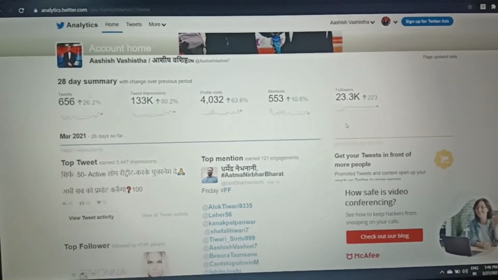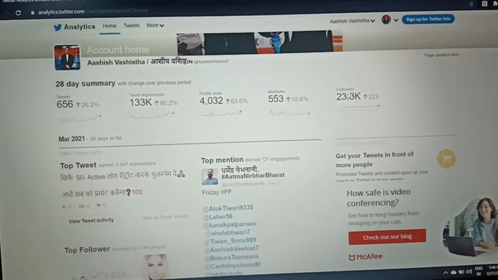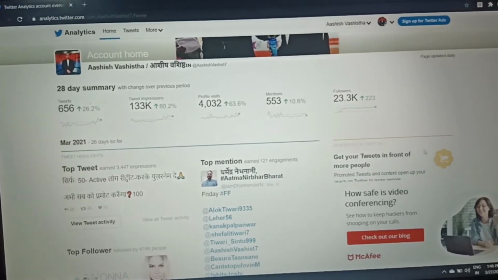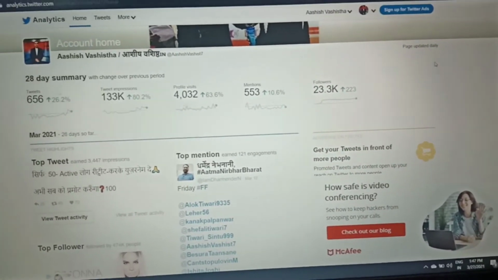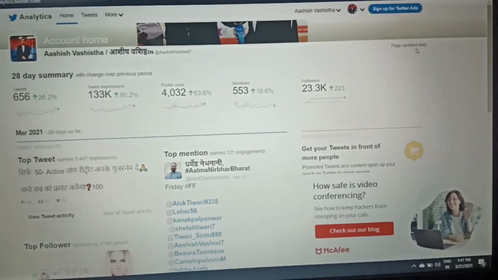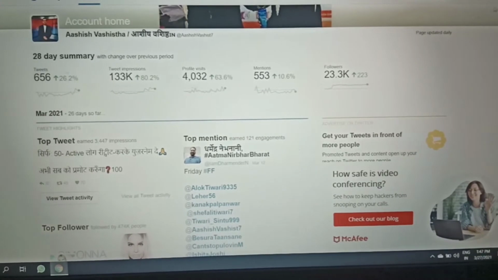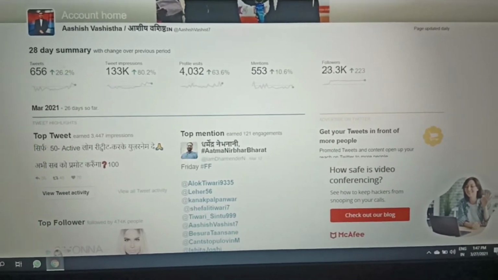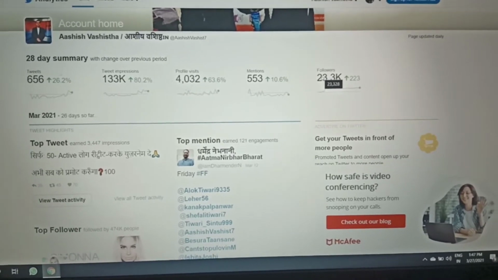So I have already signed in, and here you can see my Twitter analytics for the past 28 days. It is a 28 days summary which gives you an idea about how many followers you have gained and how many followers you have lost. Here you can see for the past 28 days, my followers are 23,328.